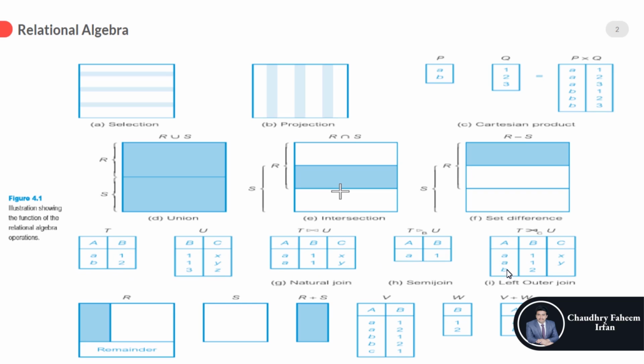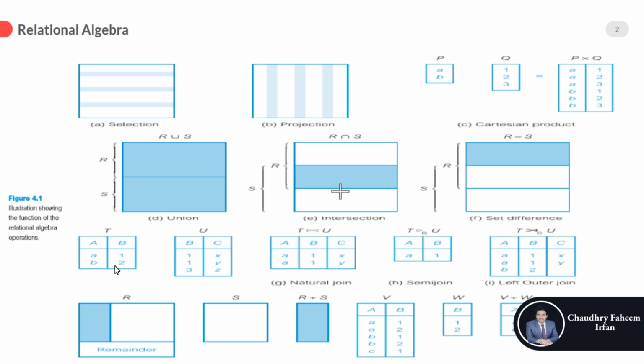Left outer join, you know that in left outer join we are going to select all records from the left table, but those which are not in the right table will be null. Like B2 is null here in C because 2 is not in U. So in the U table, B is selected and B is the tuple value and here capital B is the column name.